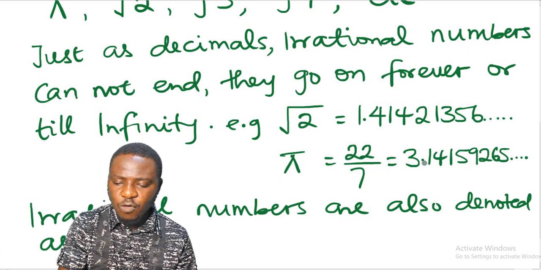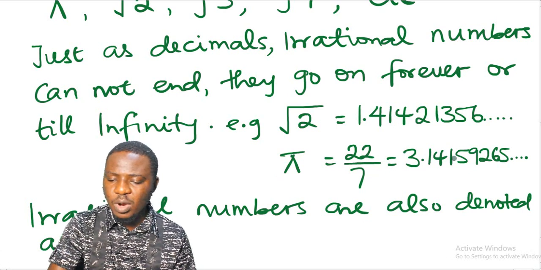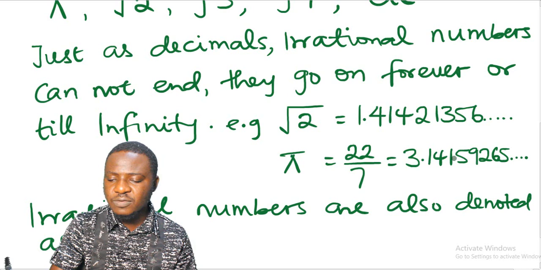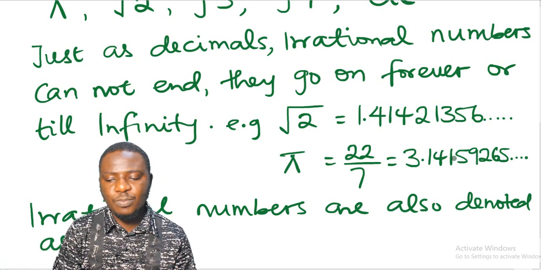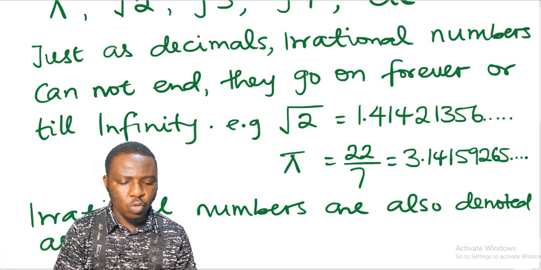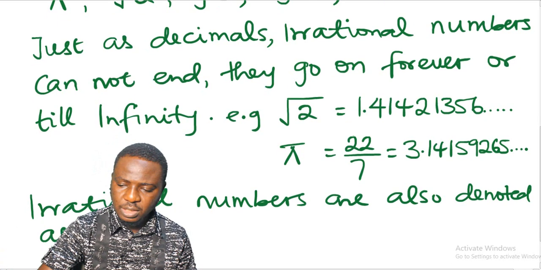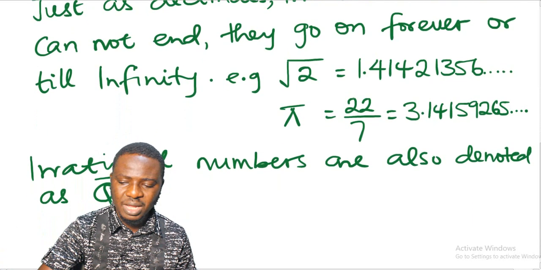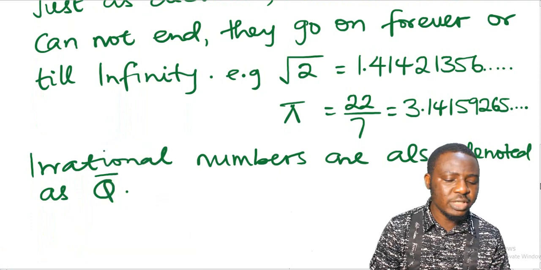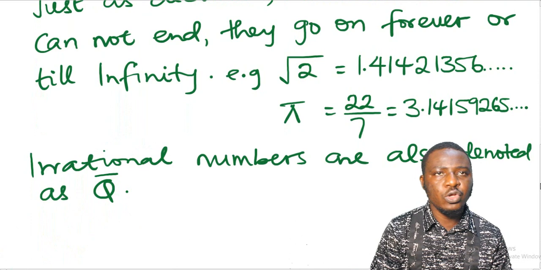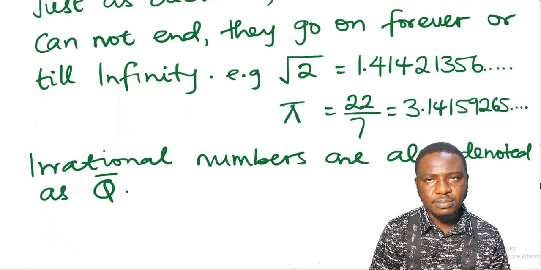But the actual value of pi is 3.141592665, and so on and so forth. So pi is not a rational number. It is an irrational number. And irrational numbers are also denoted using Q bar.